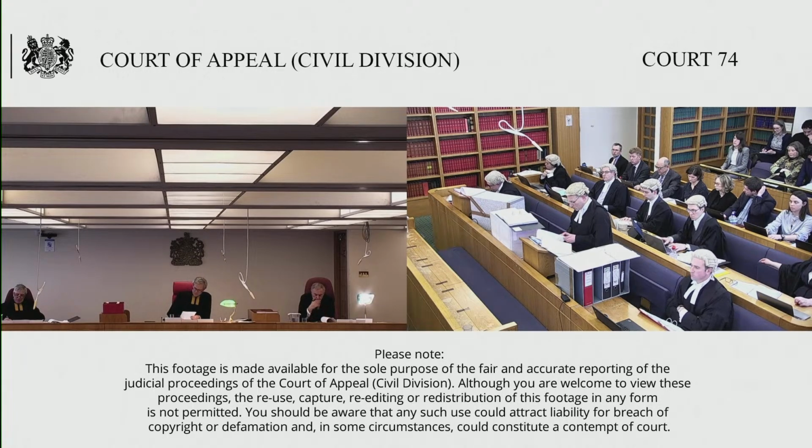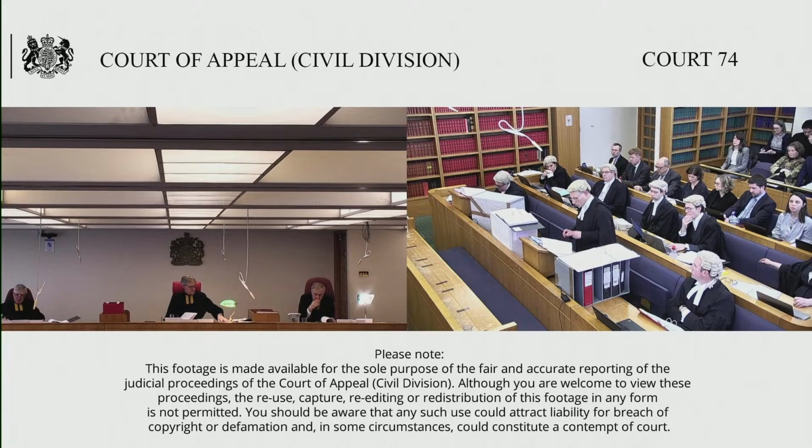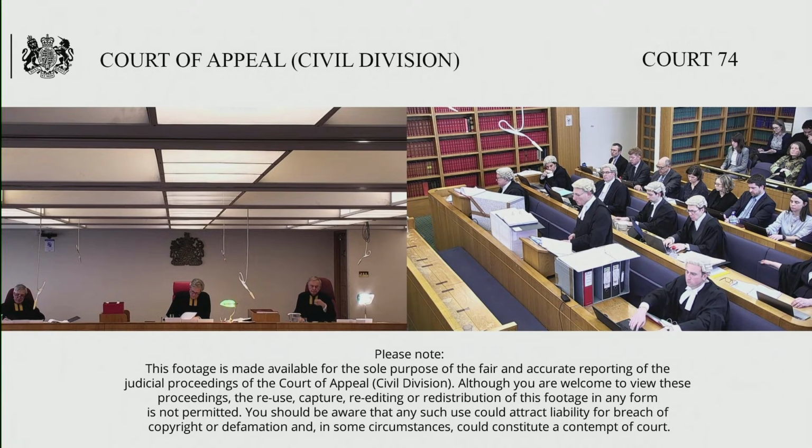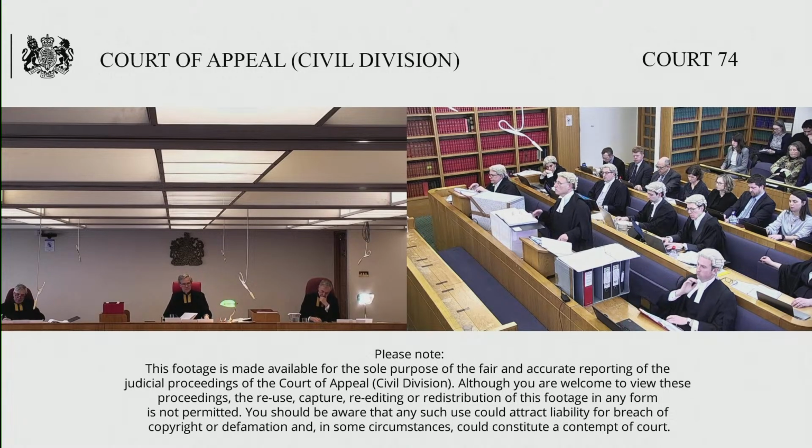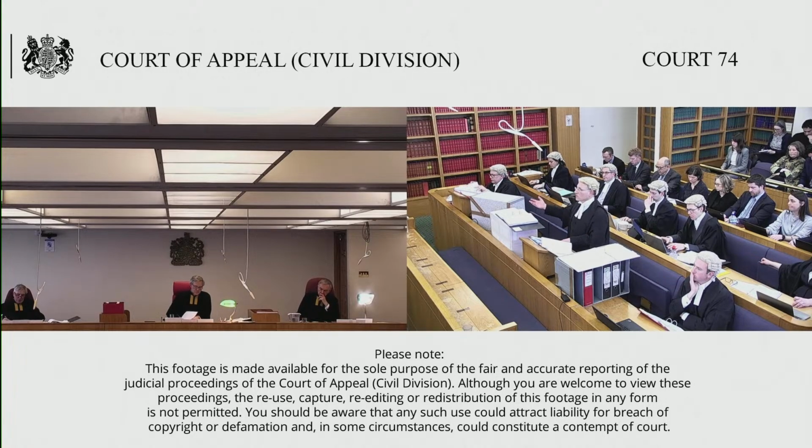Then two more points to make. One is safeguards. My learned friend points to the difference in safeguards in section 135 and the others where there's express reference to convention rights and the absence of safeguards which he anticipated I'd be relying on correctly in relation to section 124.